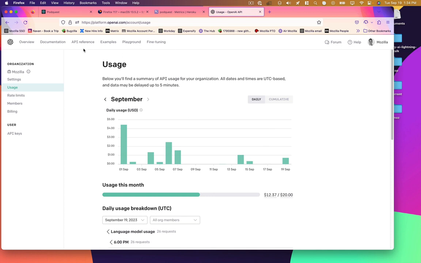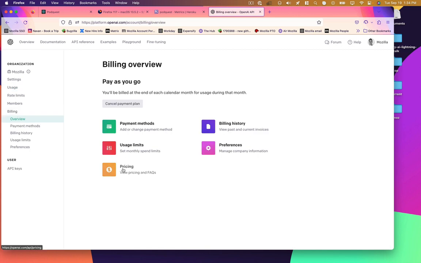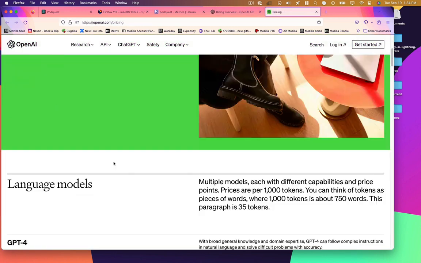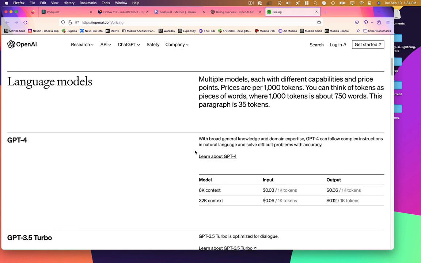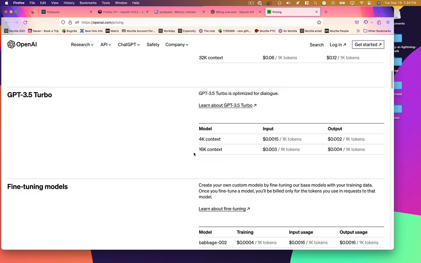The last thing I want to do is look at what OpenAI charges for this stuff and make sure that squares with what we saw in our billing. They've got this table here. We were using GPT 3.5 Turbo, I believe. This is a 4K context.